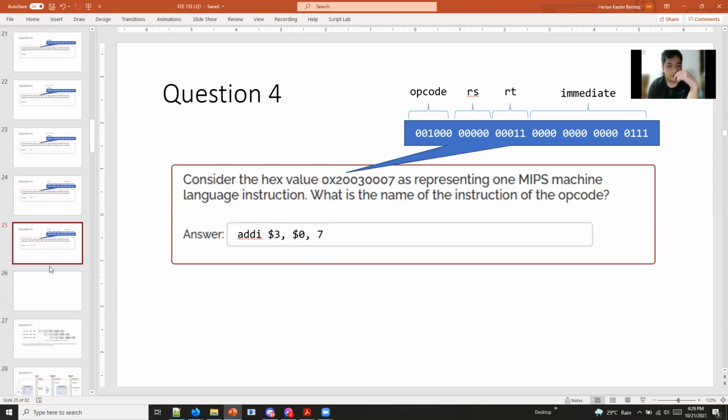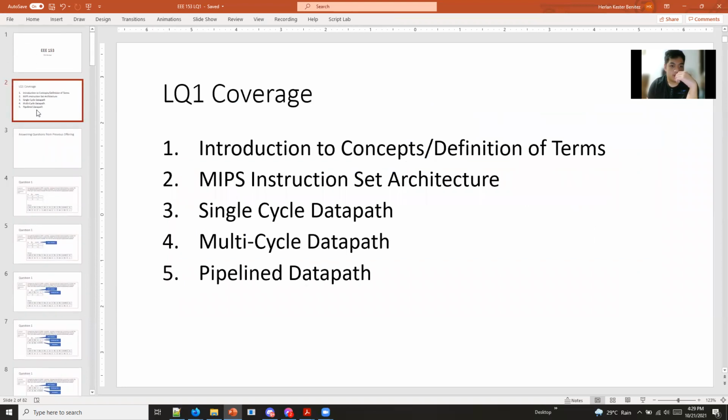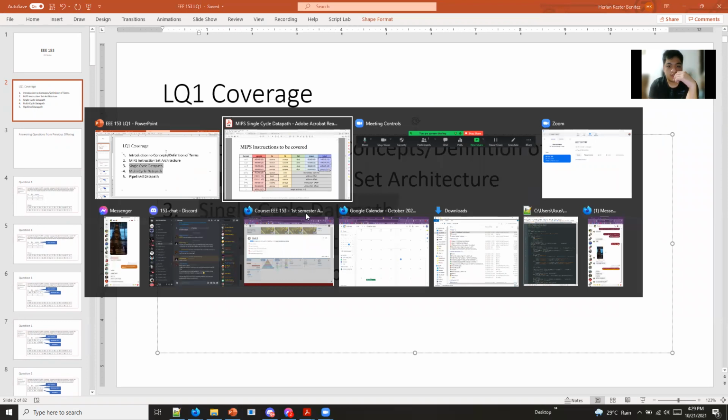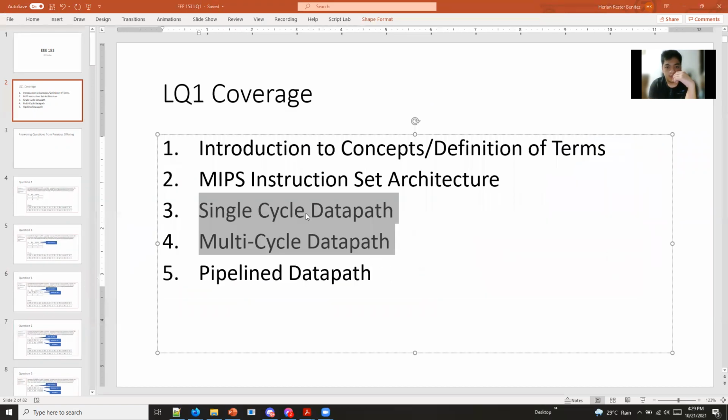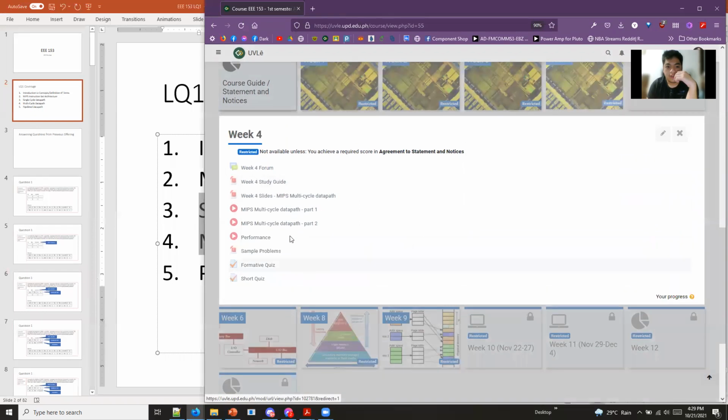So yan, yun lang naman yung mga sample questions ko regarding yung MIPS na instructions. Then, actually for the single cycle and multi-cycle data path, wala akong personal na materials. Pero meron pin-provide dito sa week 4.